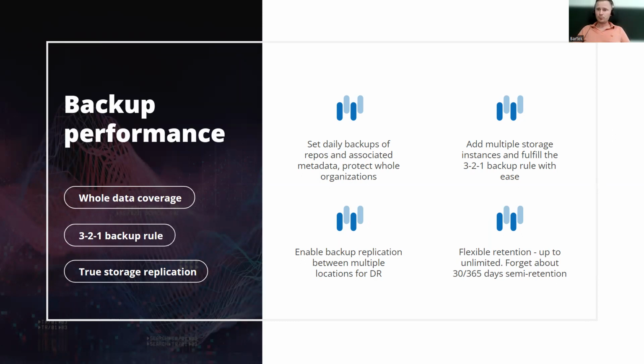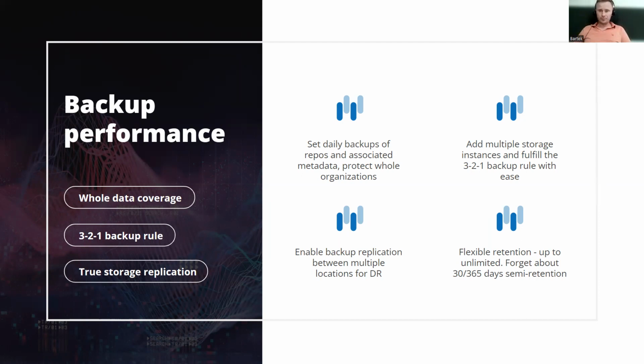Also, it's super important to implement the so-called golden rule of backup. What does it mean? The golden rule of backup says that you should keep at least 3 copies of your data in at least 2 separate locations, and at least one of those locations should be outside your organization, outside your company, outside your environment.